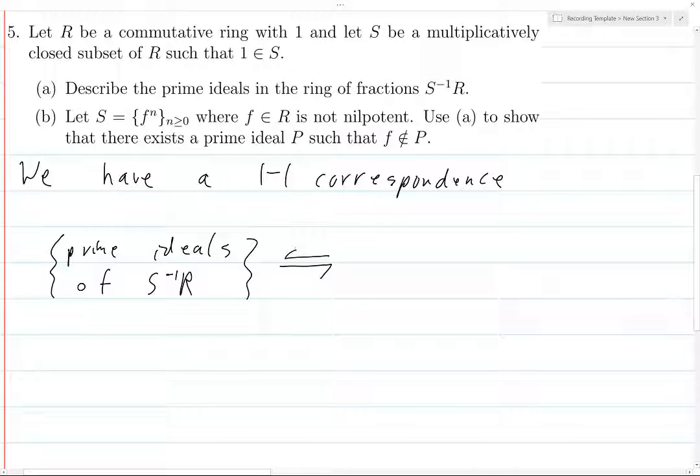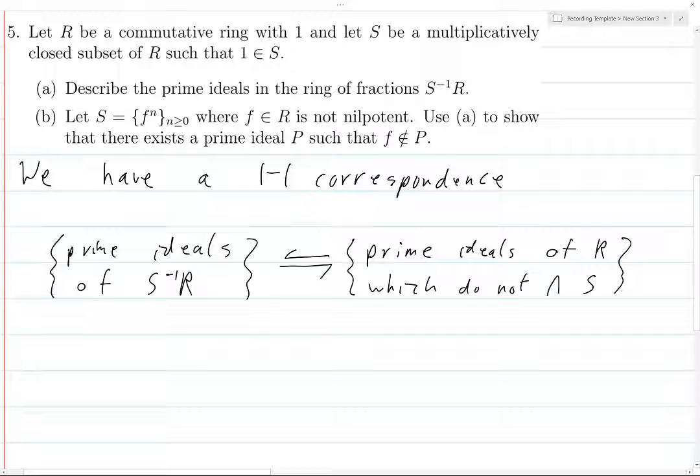So this symbol, I believe, is for one-to-one correspondence between the prime ideals of S inverse R and the prime ideals of R which do not intersect S. And this correspondence, in one direction, it's pretty easy to see.